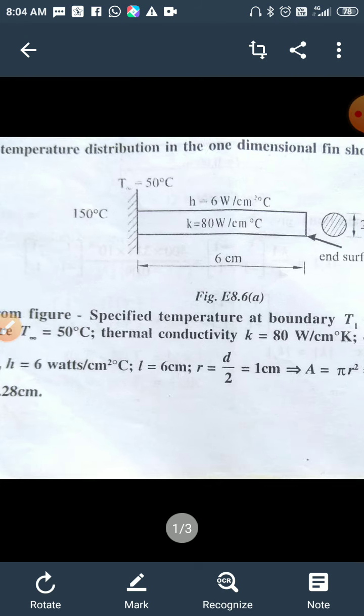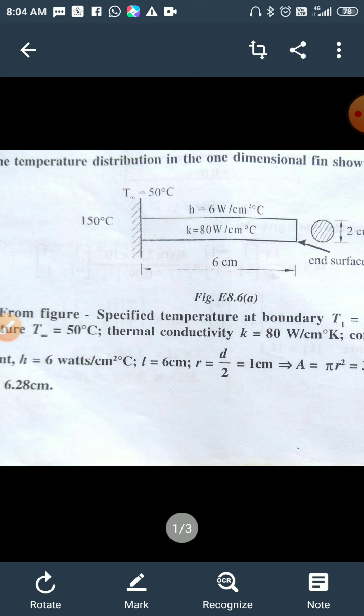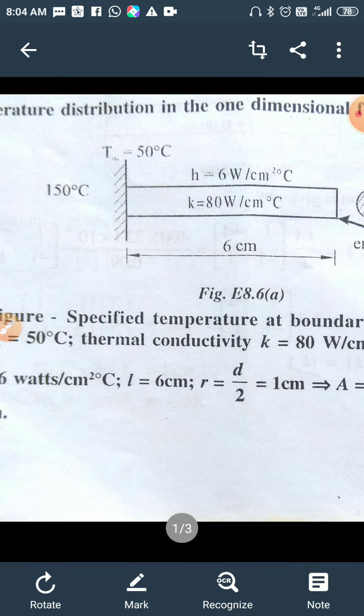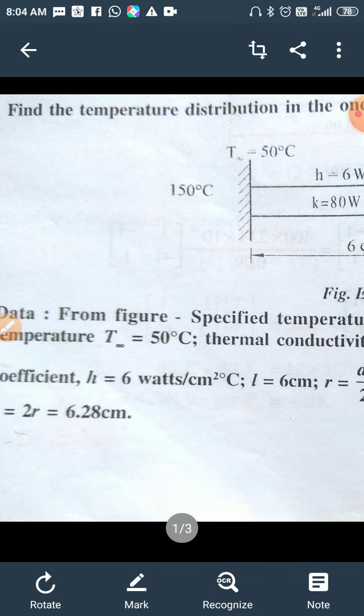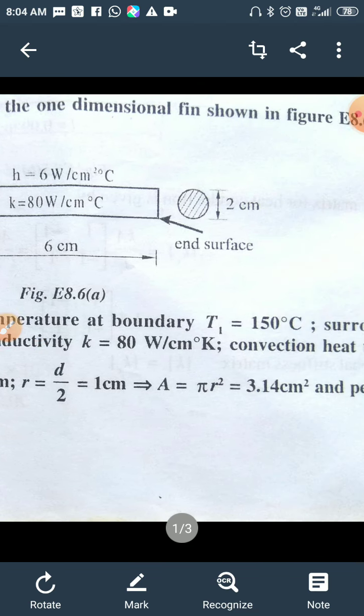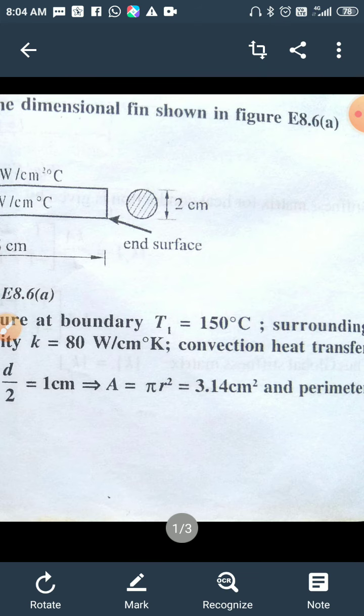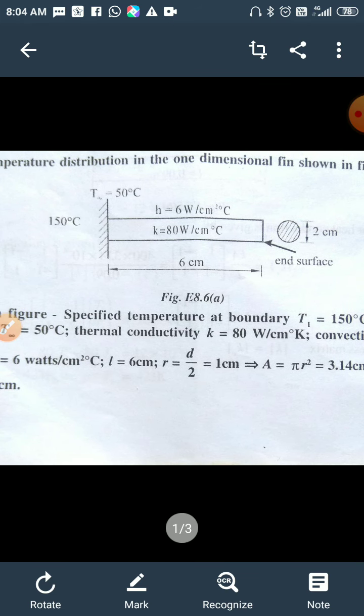In this problem we are going to take an extended fin, a circular rod, with one end fixed and the other end free. The fixed end we call pure conduction, and the free end is exposed to the surroundings, which is convection. The problem asks us to find the temperature distribution in the fin as shown in the figure.